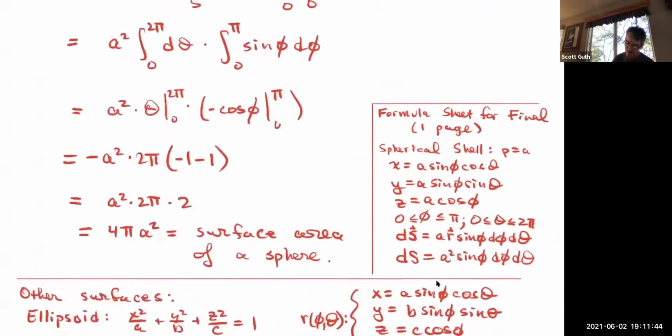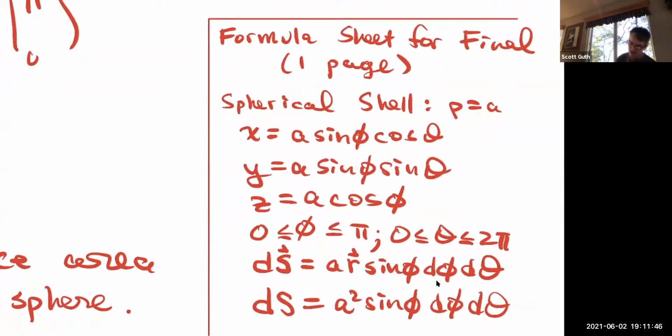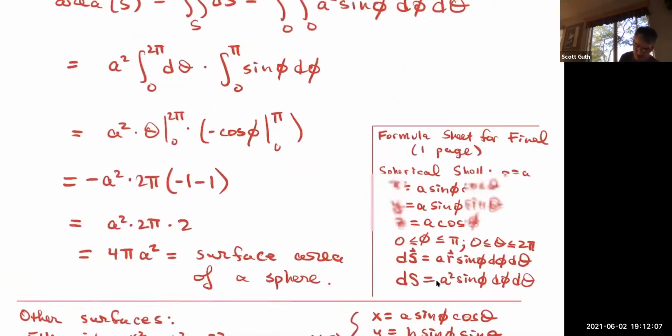This is it right here. Formula sheet for your final. For a spherical shell, rho equals A. Here's all the info. I recommend you not forget to put this on your formula sheet, because to derive it took me a page and a half or 2 pages of work. I don't think you want to derive this on the final, okay?